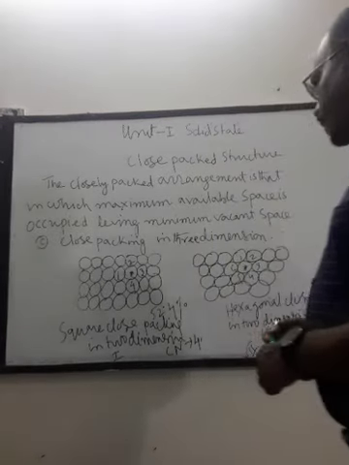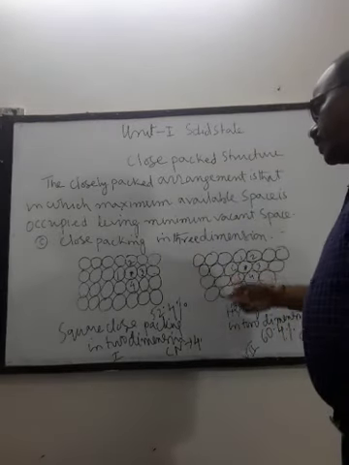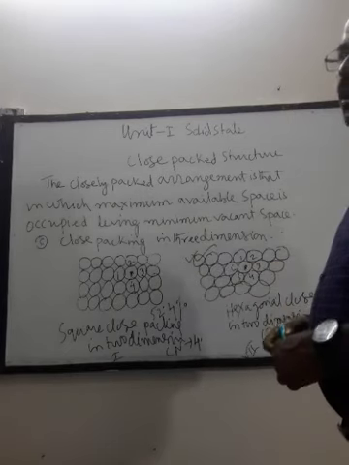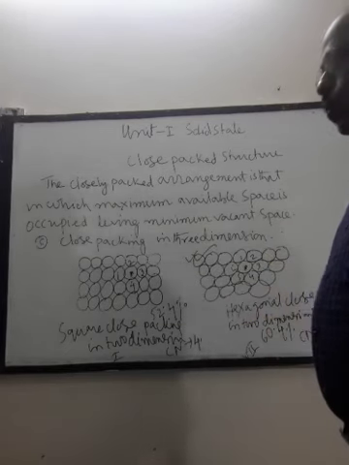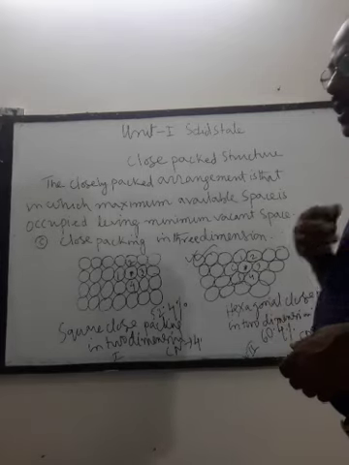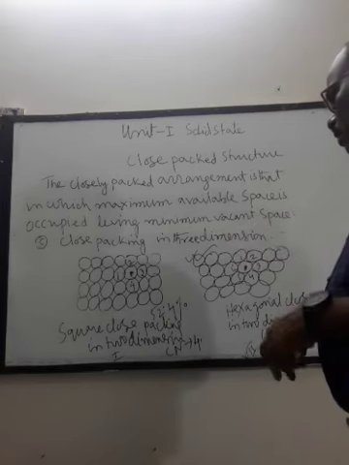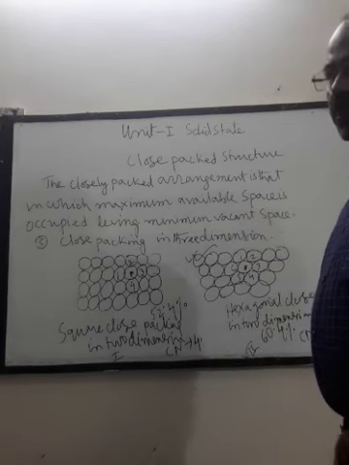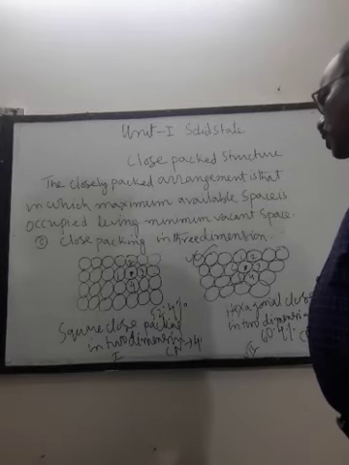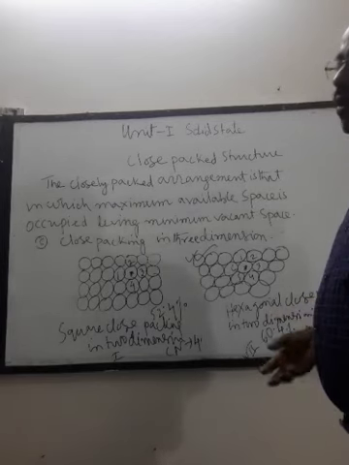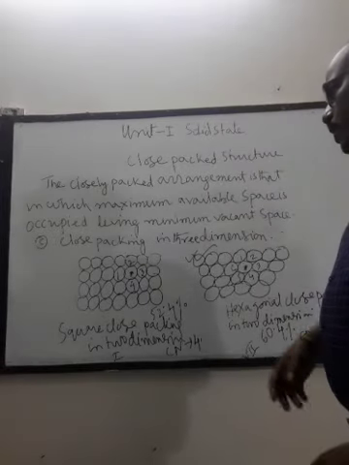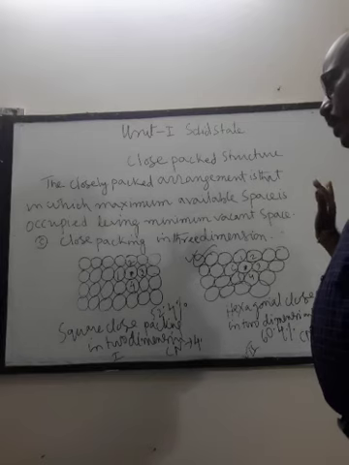Now in this case of these two arrangements, this one is more efficient because more available space is occupied. So 3-dimensional close packing means stacking of layer over 2-dimensional close packing. In 3-dimensional close packing, stacking of layers, one after another, takes place in 2-dimensional close packing.